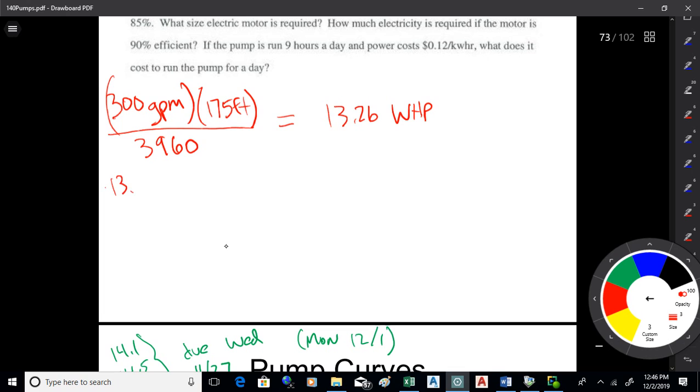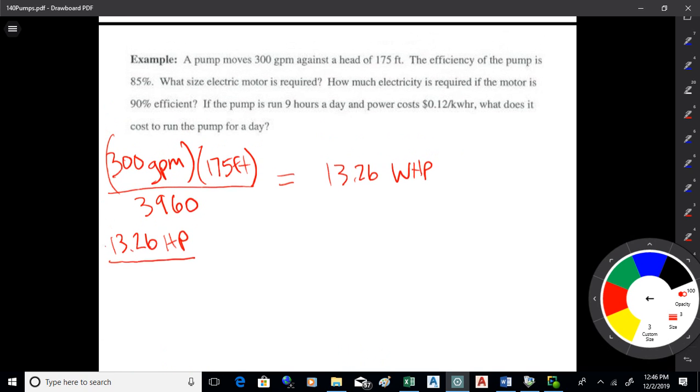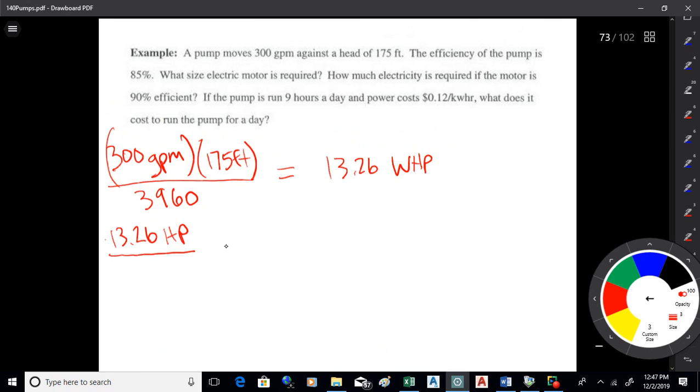So if I need 13.26 water horsepower delivered to the water, what do I do to get the power coming into the pump? Yeah, 85%. You with me there? 15.6. So this is how big the motor has to be. The motor has to output at least 15.6 horsepower.